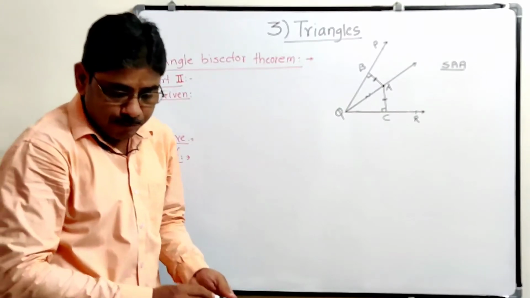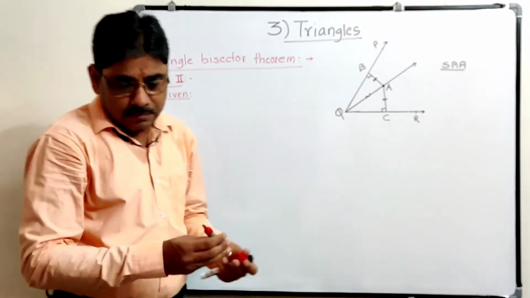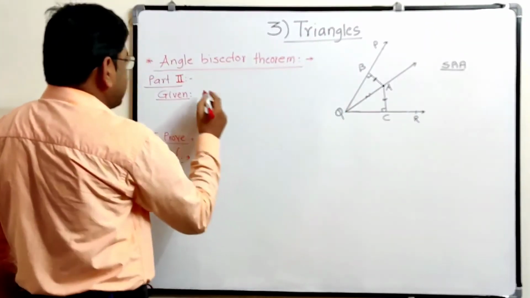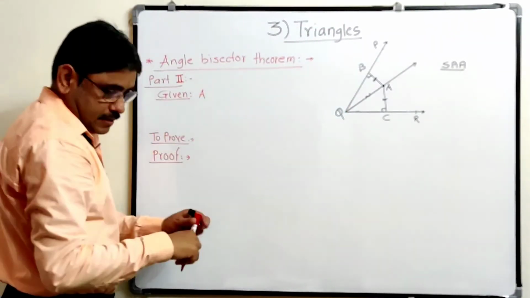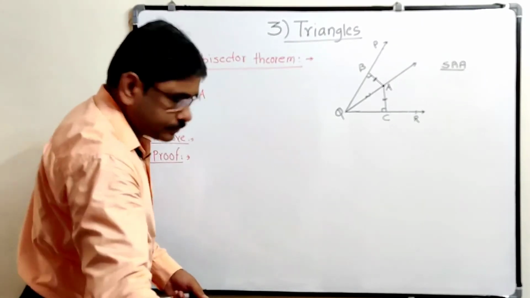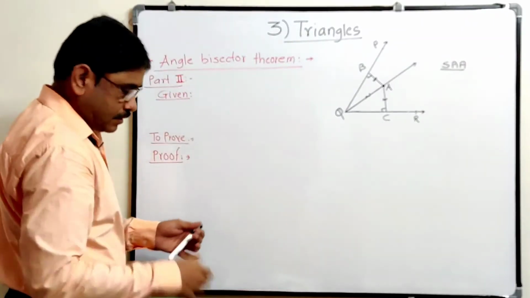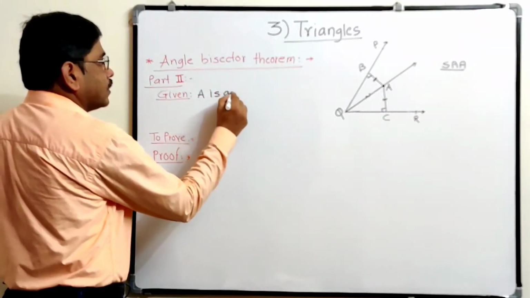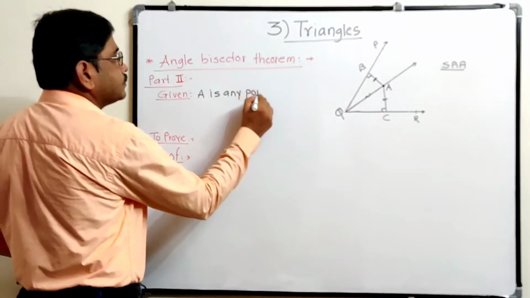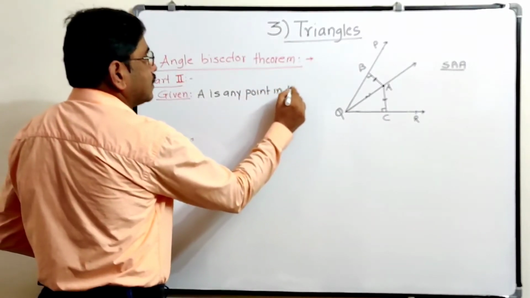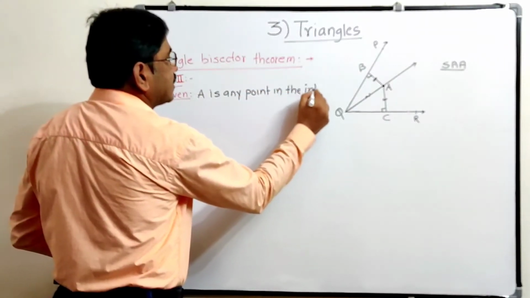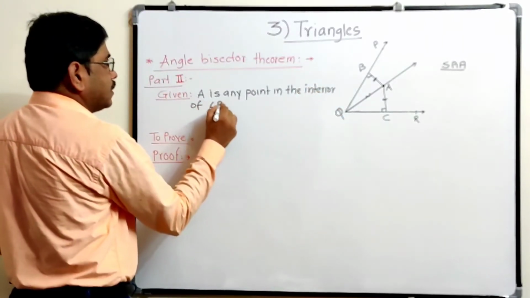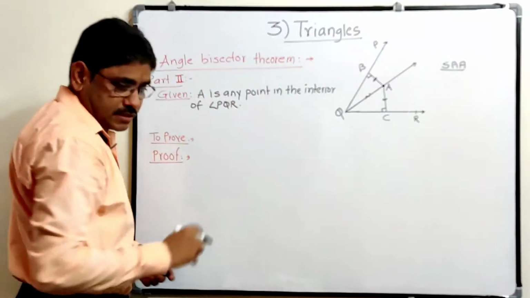So what is given here in the second part? A is a point in the interior of angle PQR. Here angle PQR is given. So given: A is any point in the interior of angle PQR. This is the first thing.